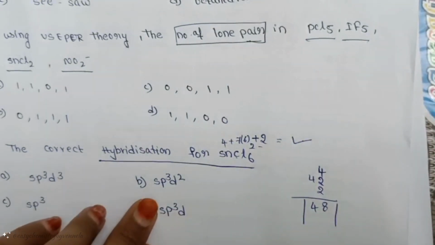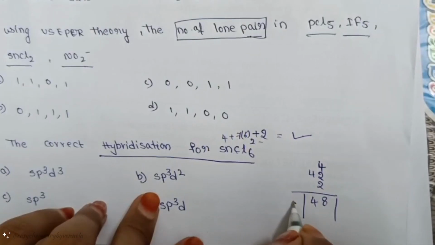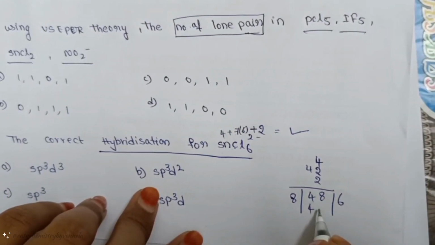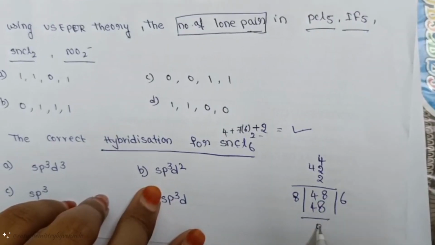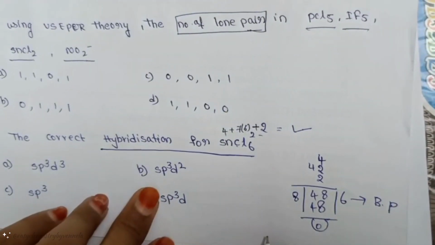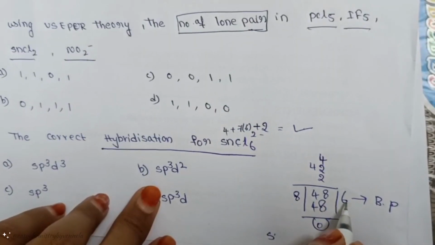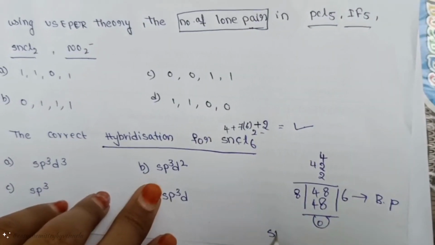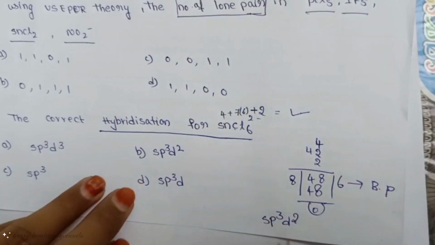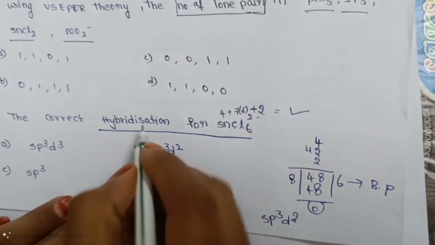It is more than 8, then it can be divisible by 8. 8 6s are 48, remainder 0. These are all bond pairs only. So if number of pairs are 6, then it is sp3d2. So answer is B.